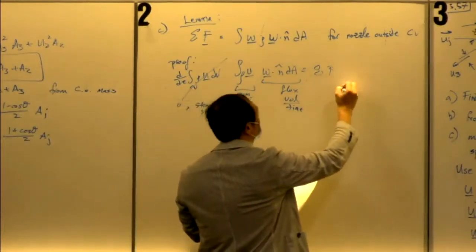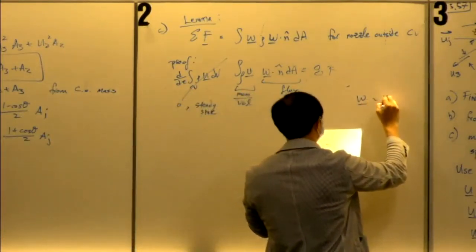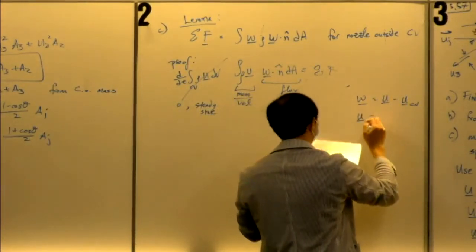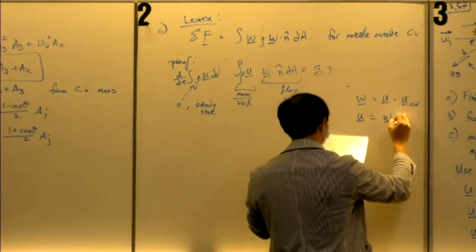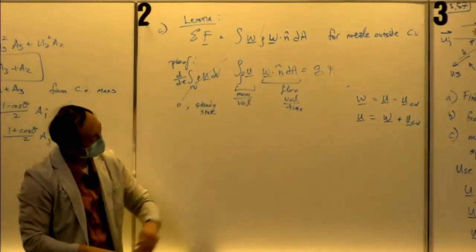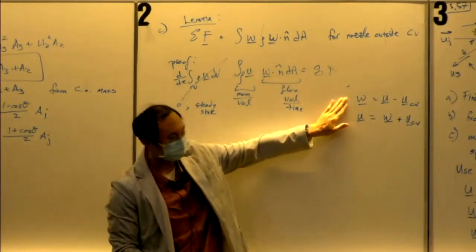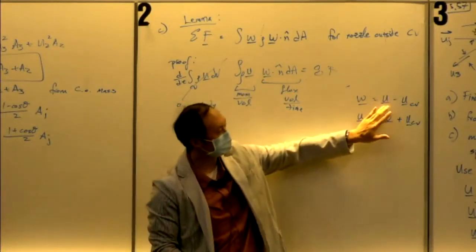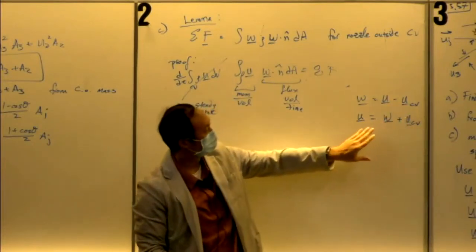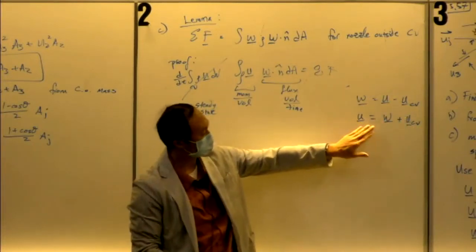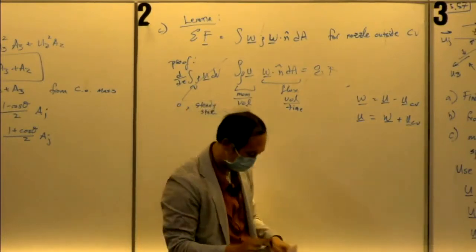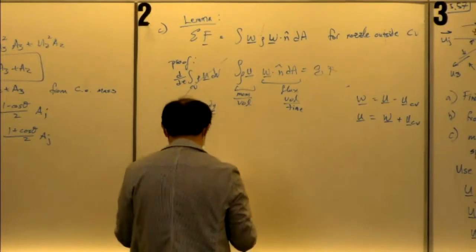Now, if you use this definition, U minus UCV, you can also rewrite this, and we will do this again for conservation of angular momentum. All I'm doing is rearranging. The relative velocity is defined as whatever velocity is in the absolute frame minus how quickly your control volume is going. And I can write the absolute velocity as how quickly I'm moving relative to the control volume plus the control volume speed. They're saying the same thing.